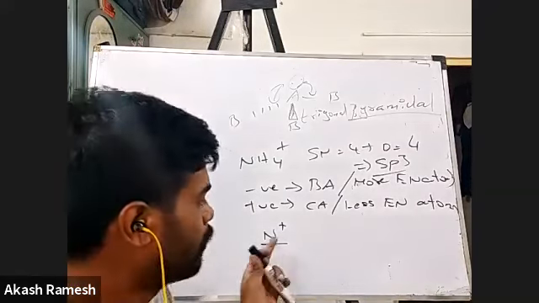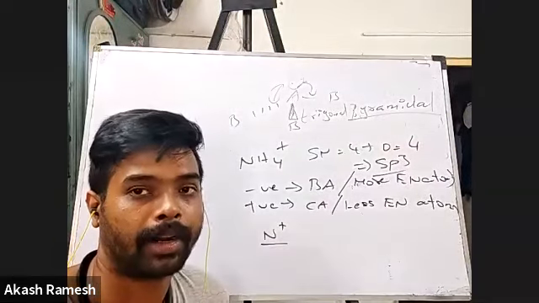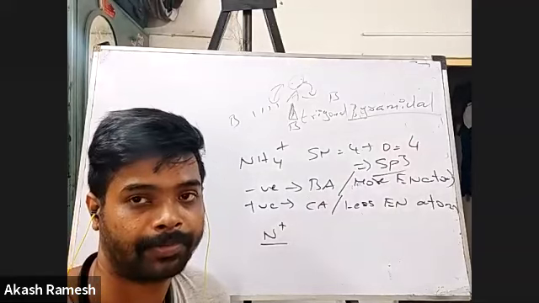So put the positive charge on nitrogen. That means there are only 4 valence electrons.